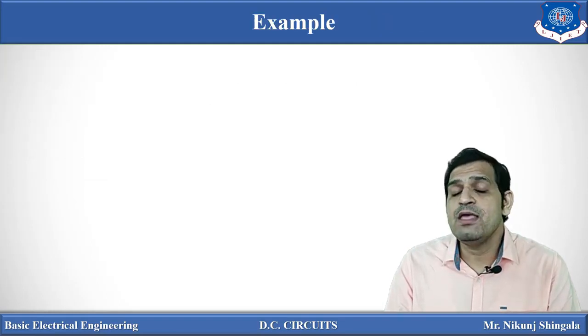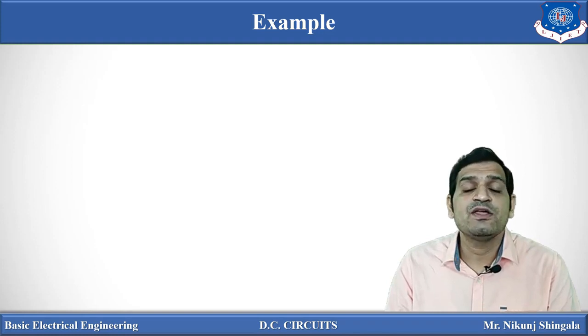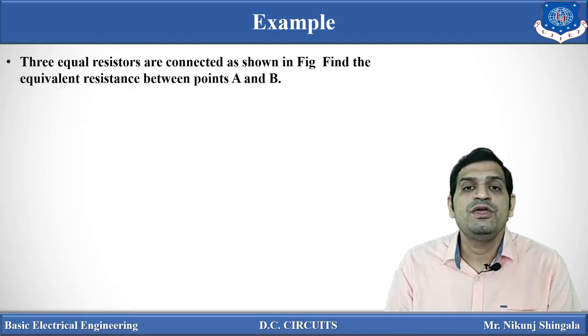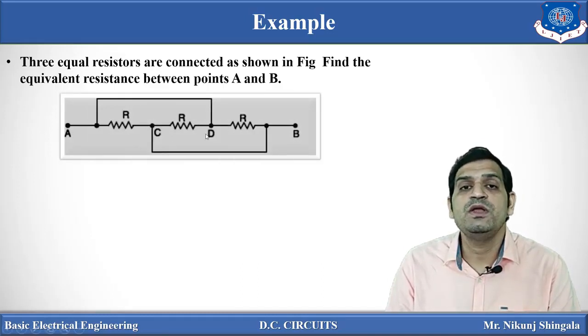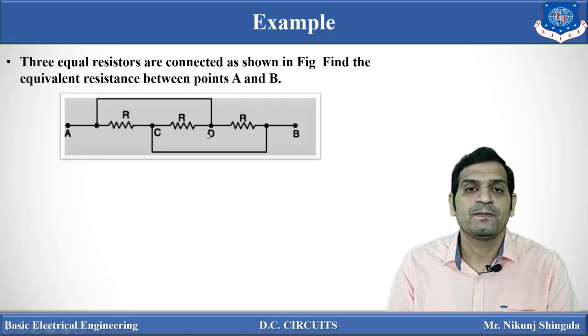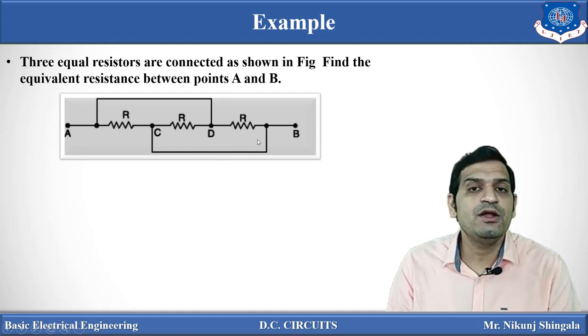Now one example based on series and parallel connection of resistances. Here three resistors are connected as shown in the figure, and we need to find the resistance between point A and point B. This circuit looks like a complex circuit, but if we draw the equivalent circuit, it becomes very easy.